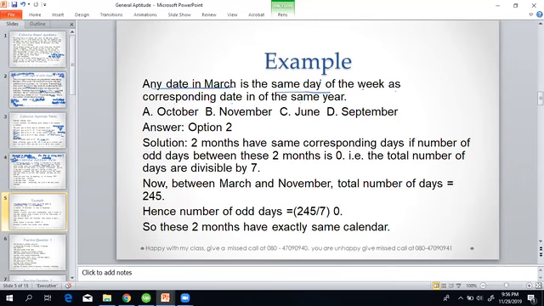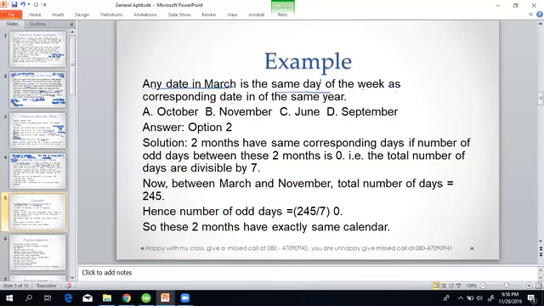Like if the 1st March of that year is on Tuesday, then in the other month of the same year the first date is on Tuesday also. Okay, they have the same calendars.